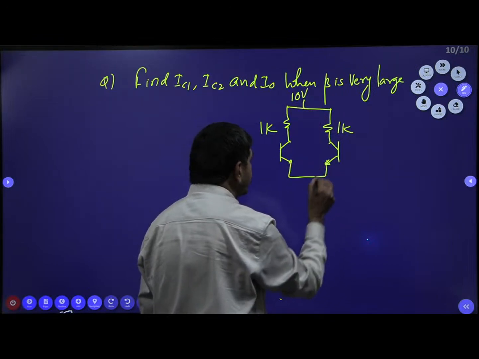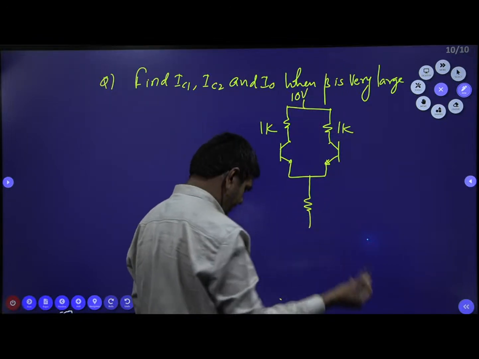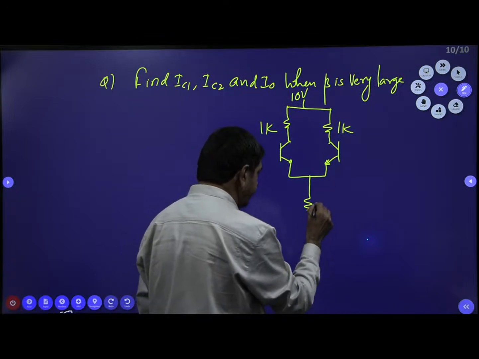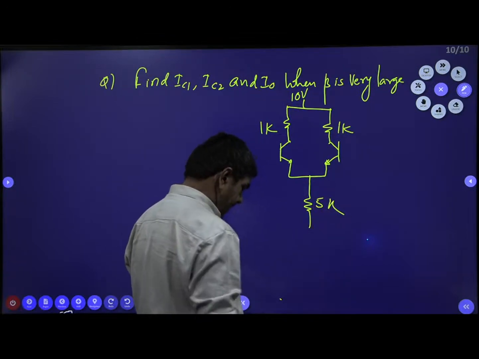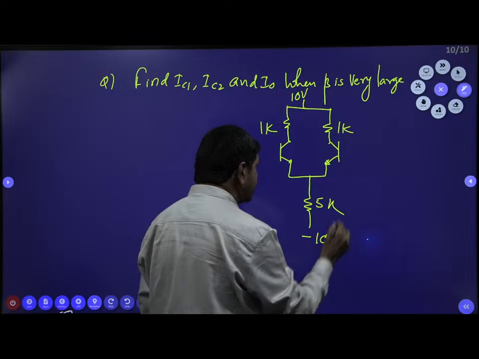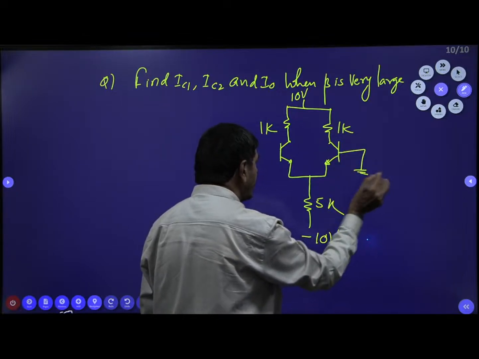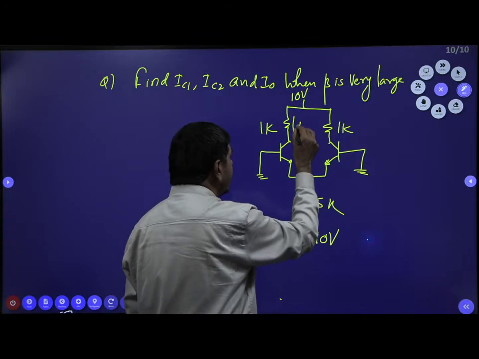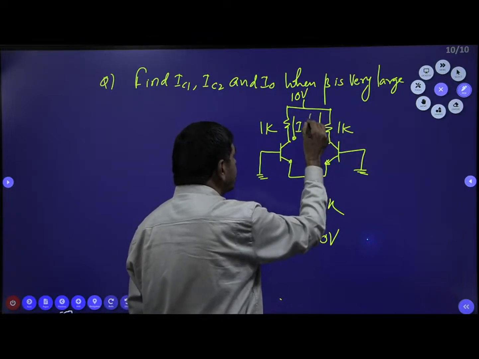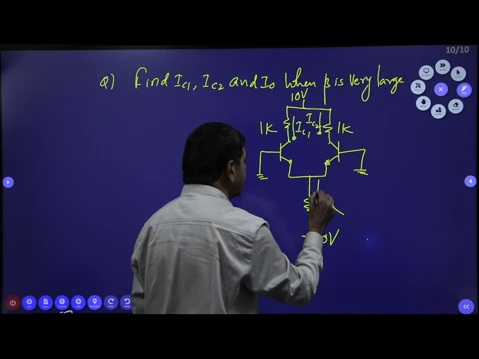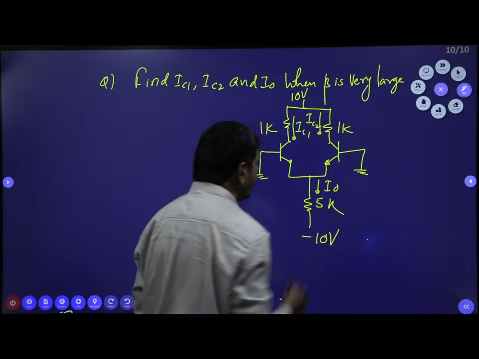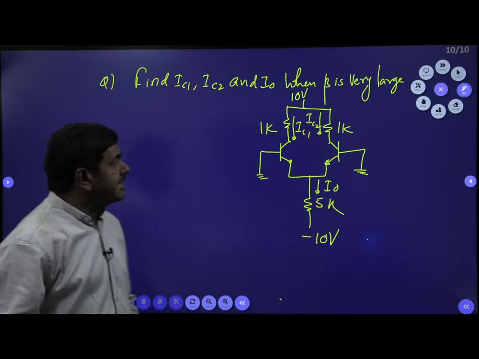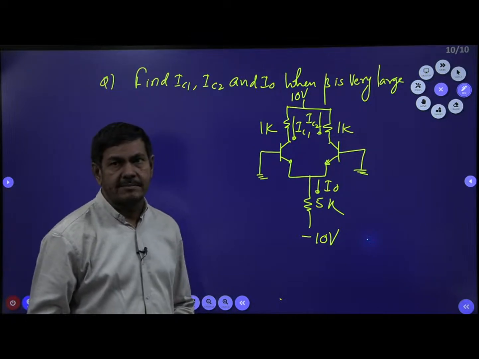These two are connected with some resistance, the same 5K as before, and minus 10 voltage I connected here. But these two bases I connected to the ground. This current is IC1, this current is IC2, and this current is I0. I want IC1, IC2 and I0.